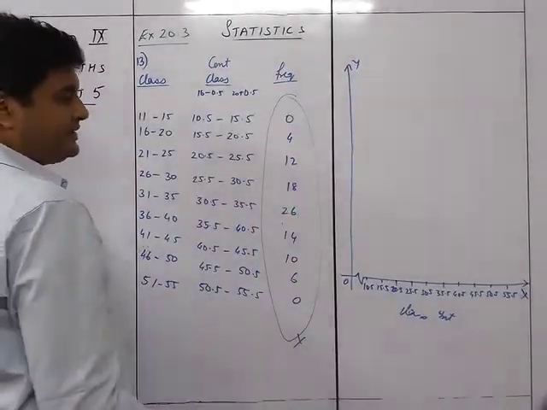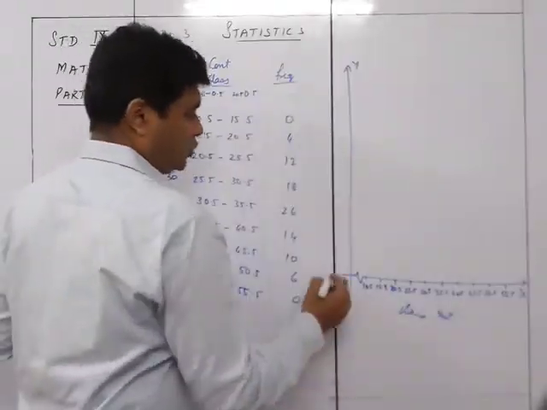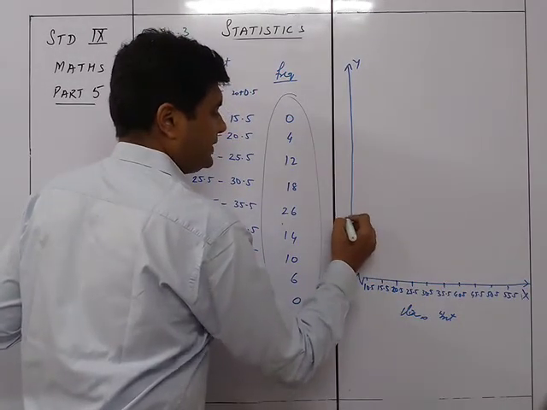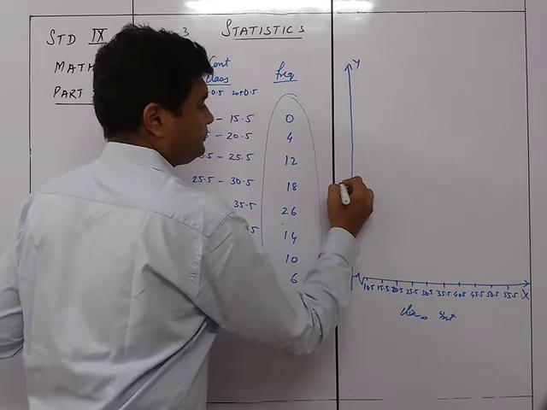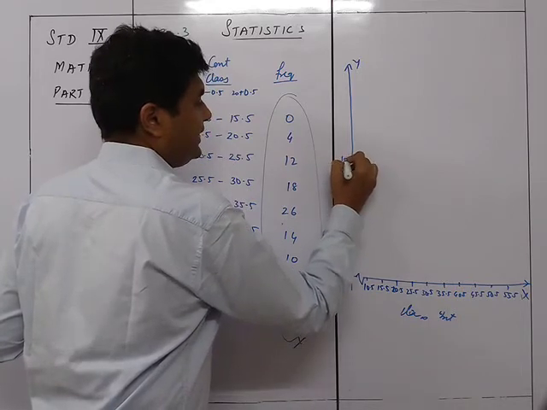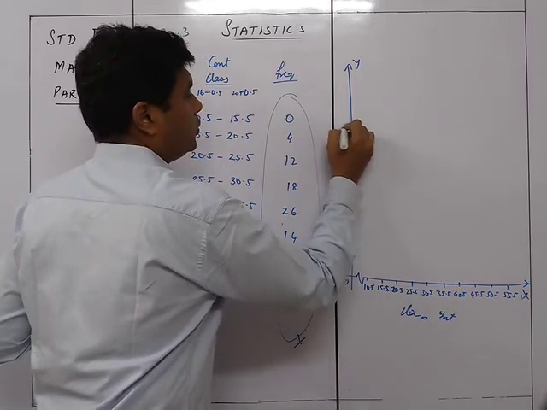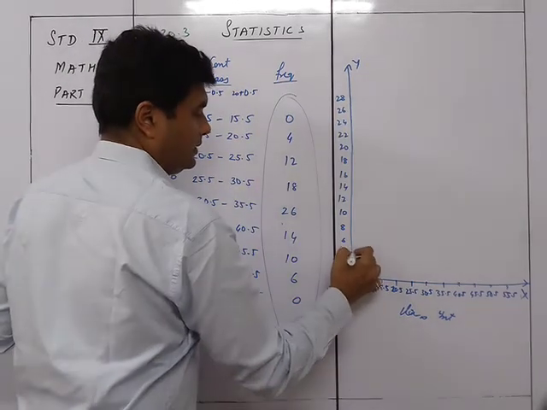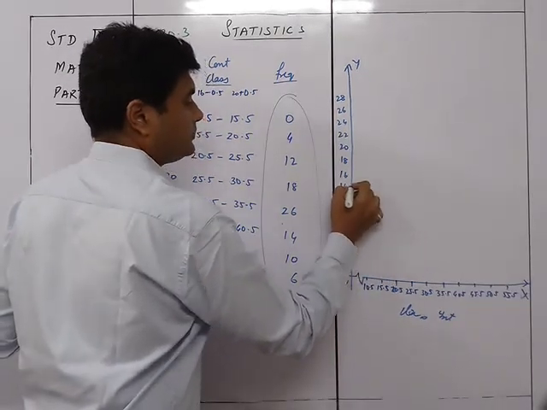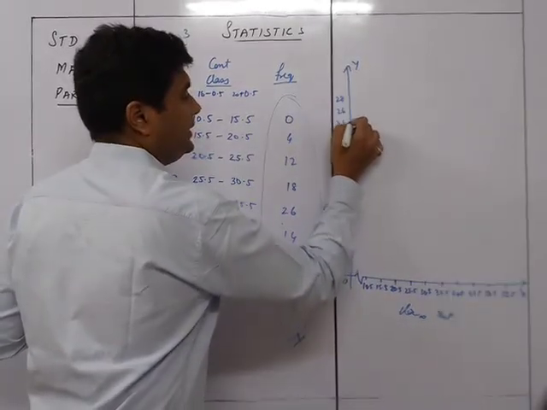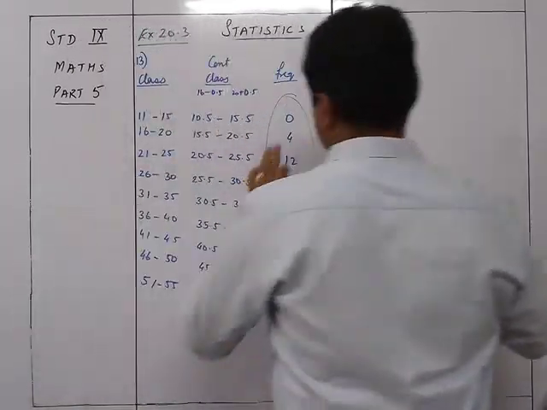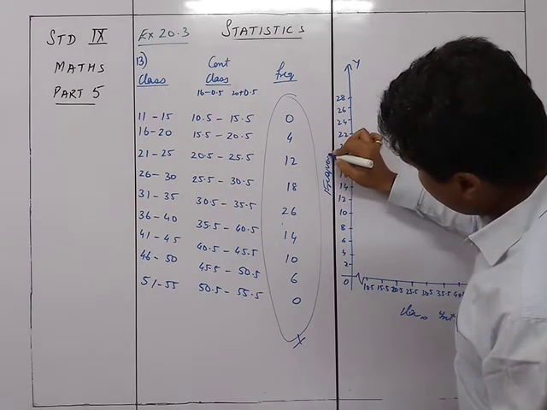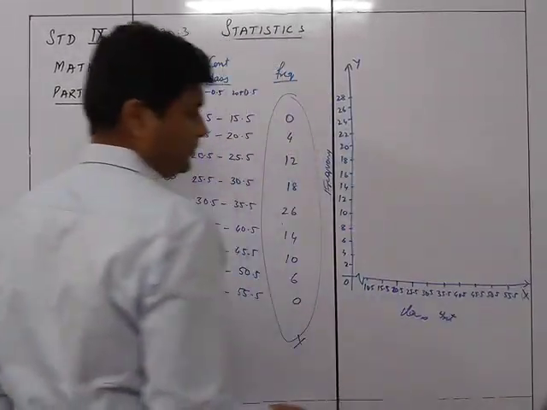We're going to 26, so easily you can reach by 2 points. So 2, 4, 6, 8, 10, 12, 14, 16, 18, 20, 22, 24, 26, 28. These are the points on the y-axis, which is nothing but the frequency. So this is the frequency and this is the class interval.